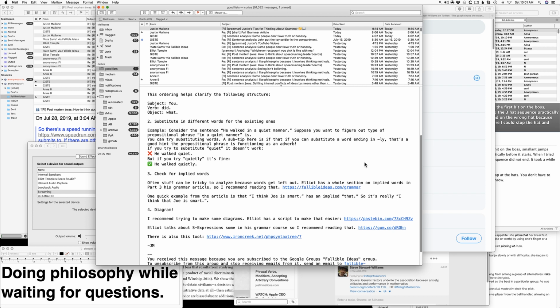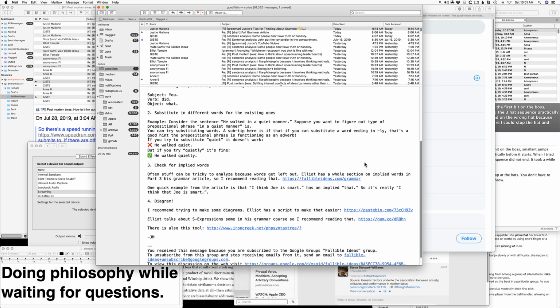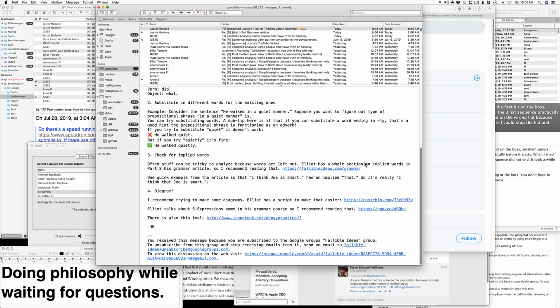And "happiness" is a noun. Yeah, and when you're checking for implied words, the number one implied word is "that". It's so common for "that" to be implied.